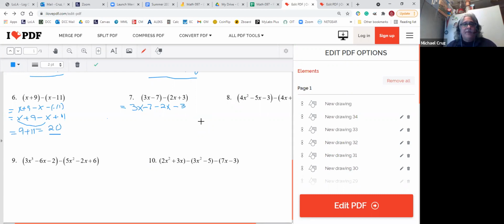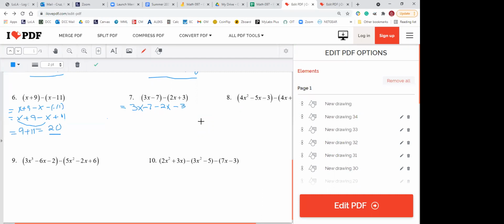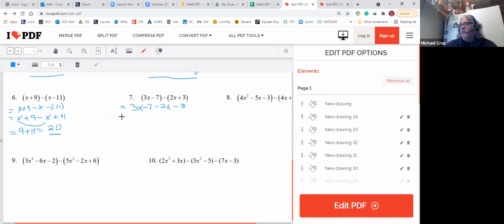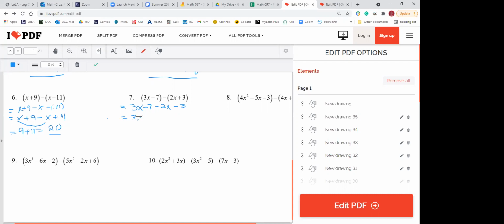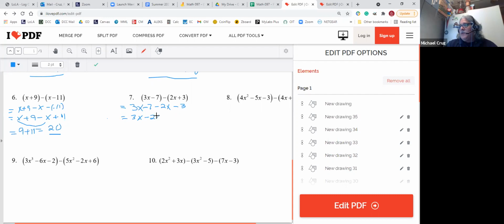All right, what happens with number 7? You subtract the 7 from the 3, then it would be 3x minus 10 minus 2x. Okay, it's 3x and negative 2x there, negative 7, negative 3.